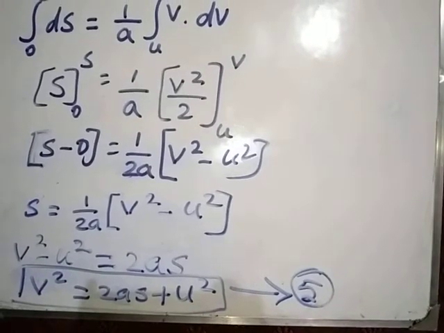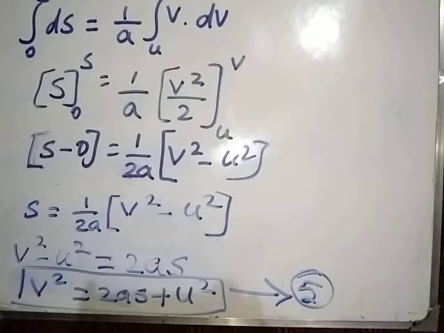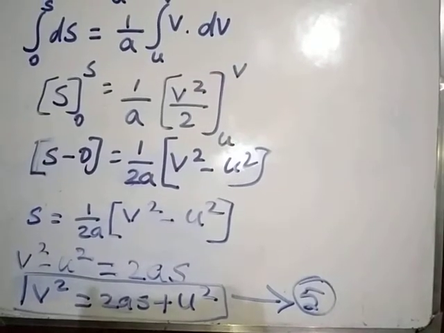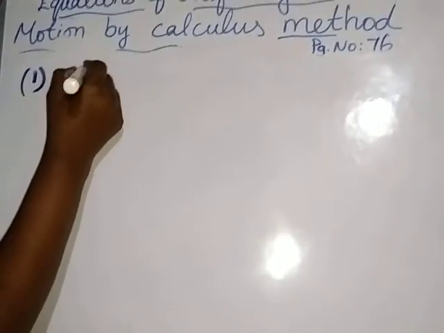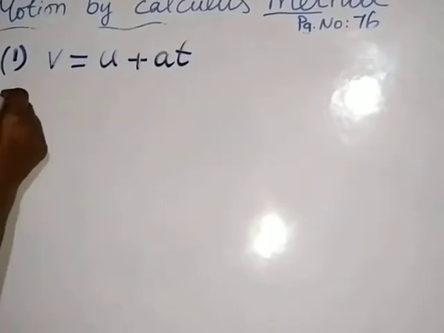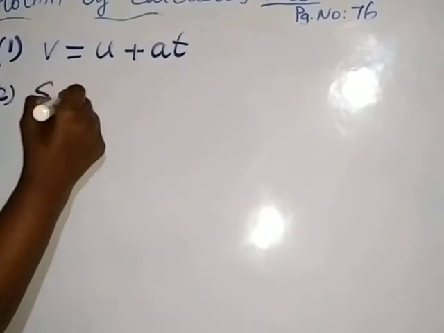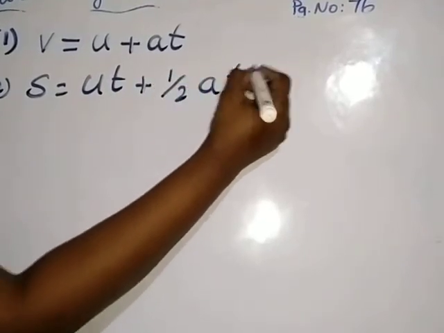From equations 3, 4, 5, we can get the 3 equations of motion. The first equation is v equals u plus at. The second equation is s equals ut plus half at squared.